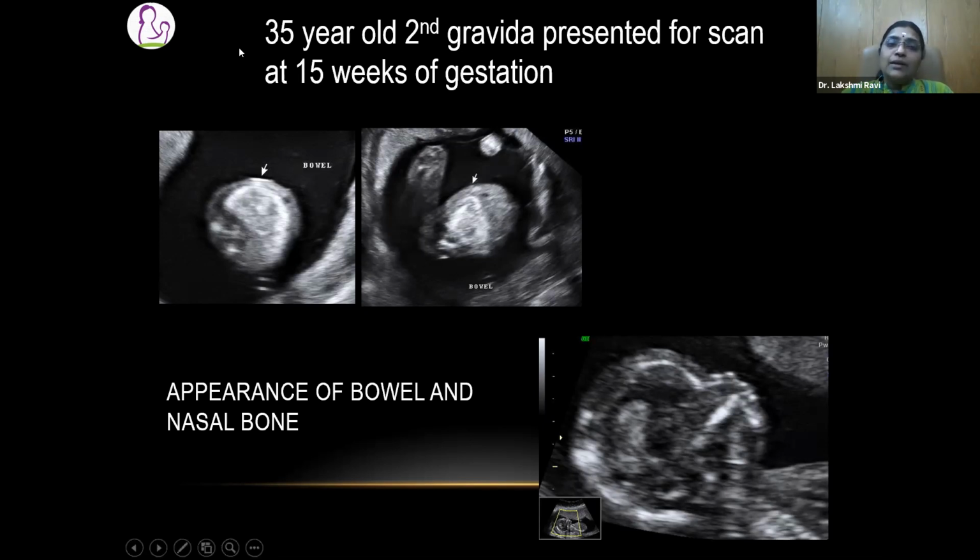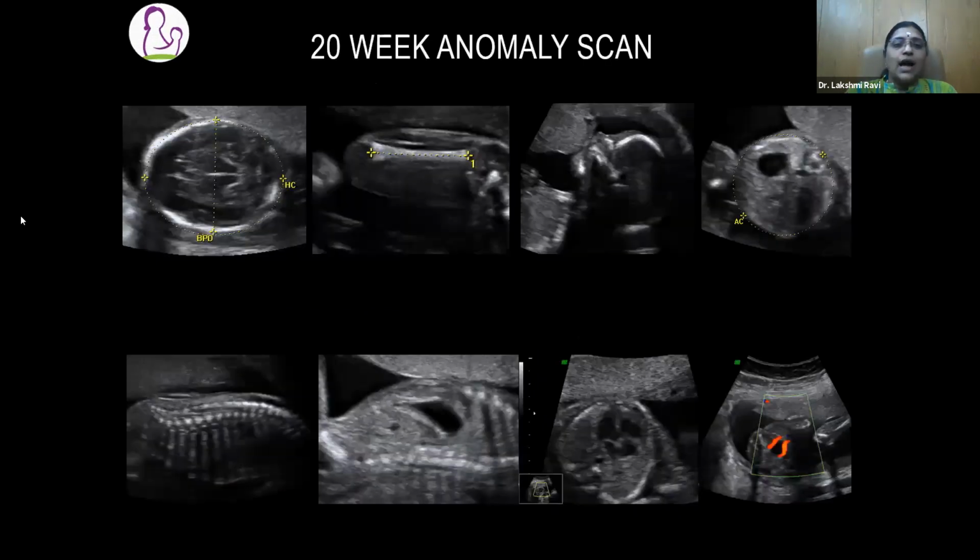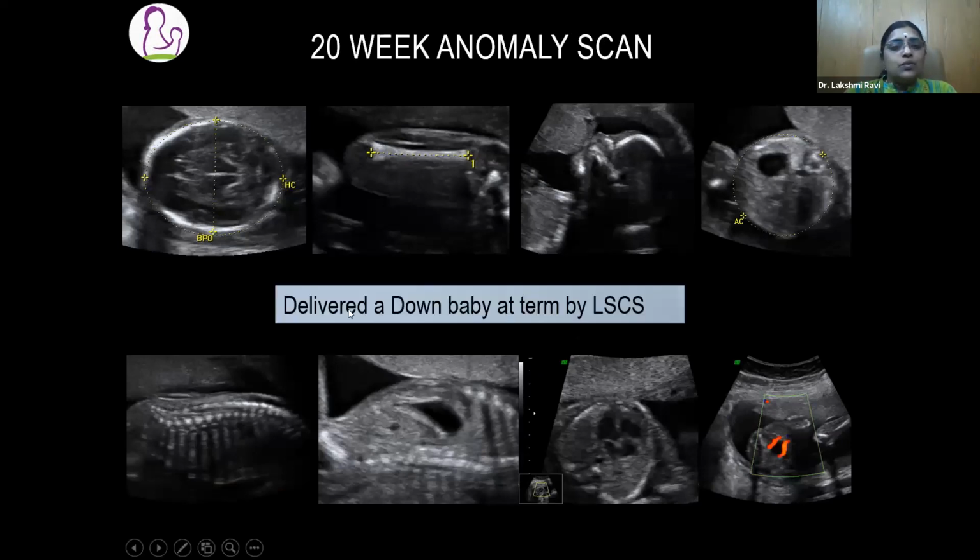And having in mind that she is a 35-year-old second gravida, obviously we said you need counseling and further evaluation. But somehow she came back at the 20-week anomaly scan. At 20 weeks, everything was fine, and this turned out to be a Down syndrome baby at term.